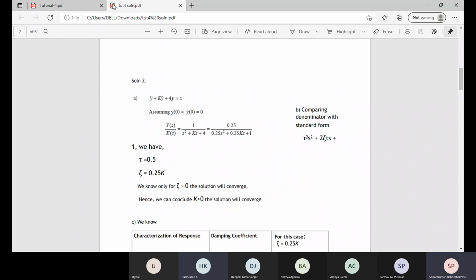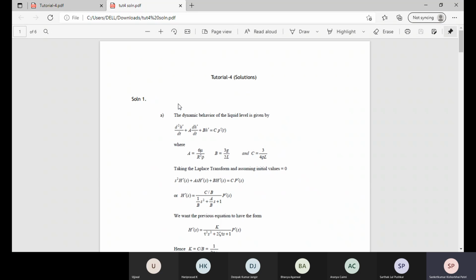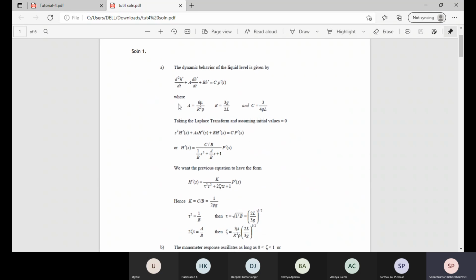Okay. In order to convert it into standard form, we have to take the Laplace transform of this second order equation, and we know the Laplace of derivatives is in the form of s squared H(s) and succeeding terms. But since the initial values of the other terms are zero, we only retain these terms.